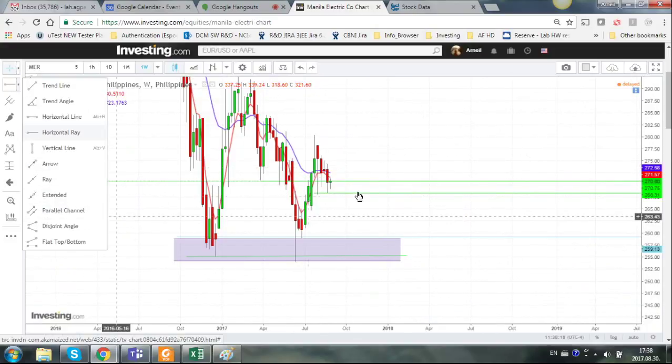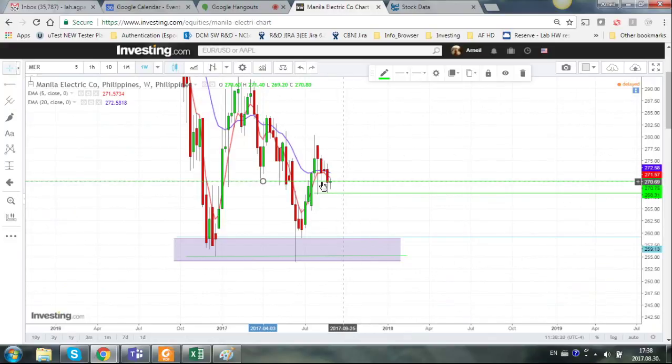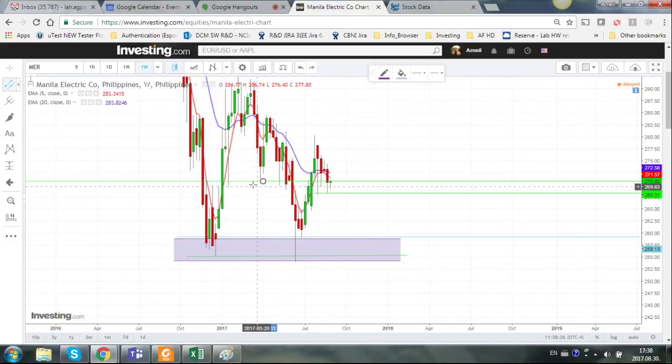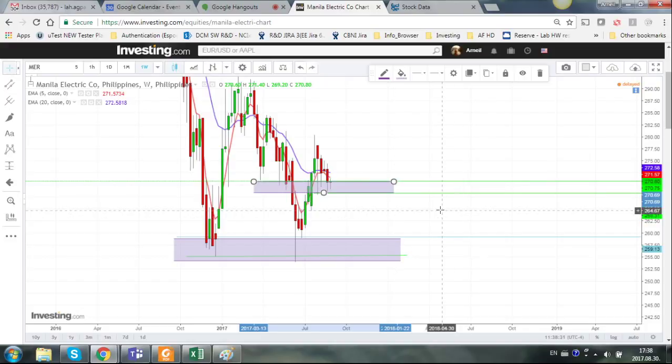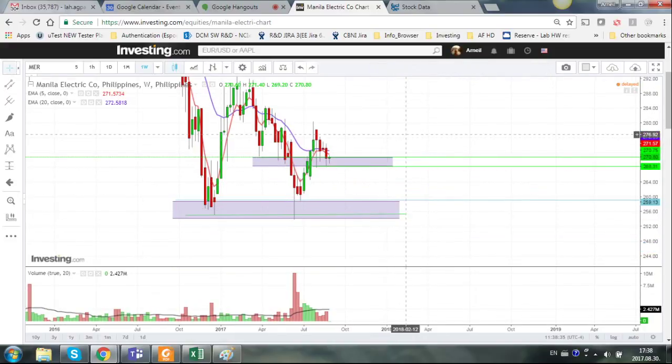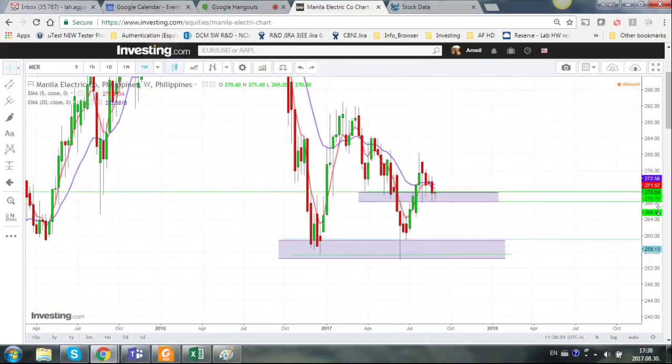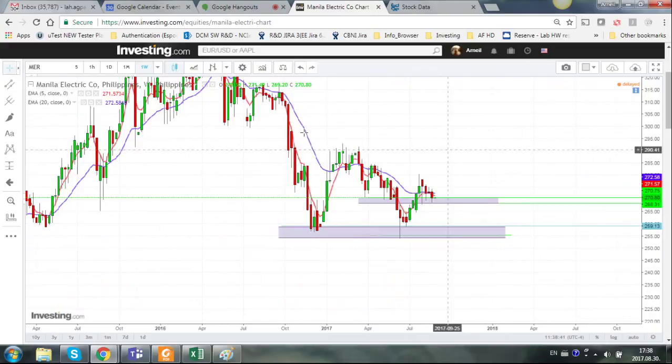So maglagay tayo ng buying range. This is our buying range if you are buying this week. So ano ba yung trend? Is it a downtrend, uptrend? So this is downtrend, uptrend, downtrend, and maybe it will go uptrend.